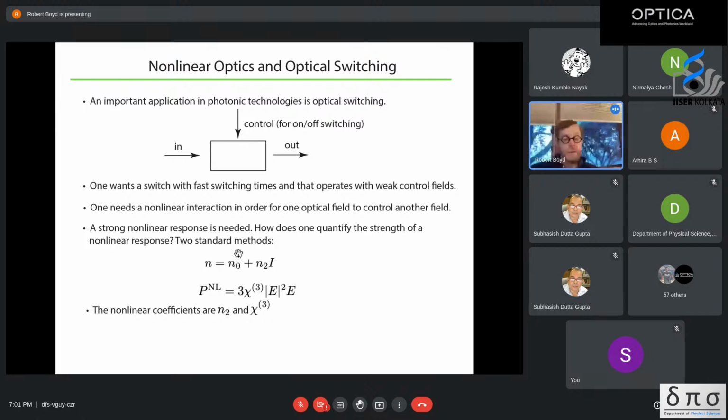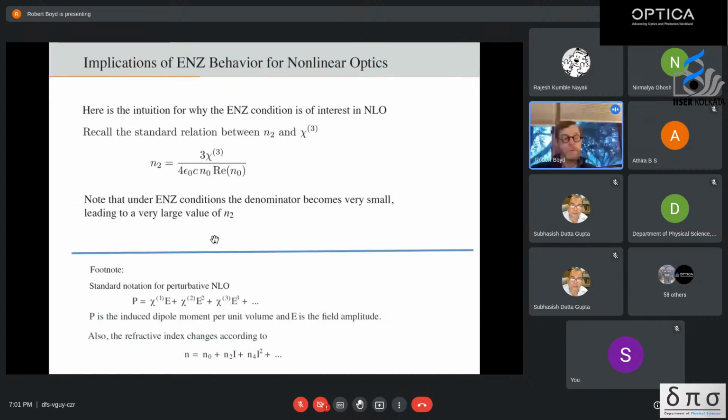And how do you quantify the strength of the nonlinear response? Well, that's by N2 or chi3, which I mentioned a little bit earlier in the talk. So we're back to this equation here, that we can get a very large value of N2 if we work under epsilon near zero conditions.